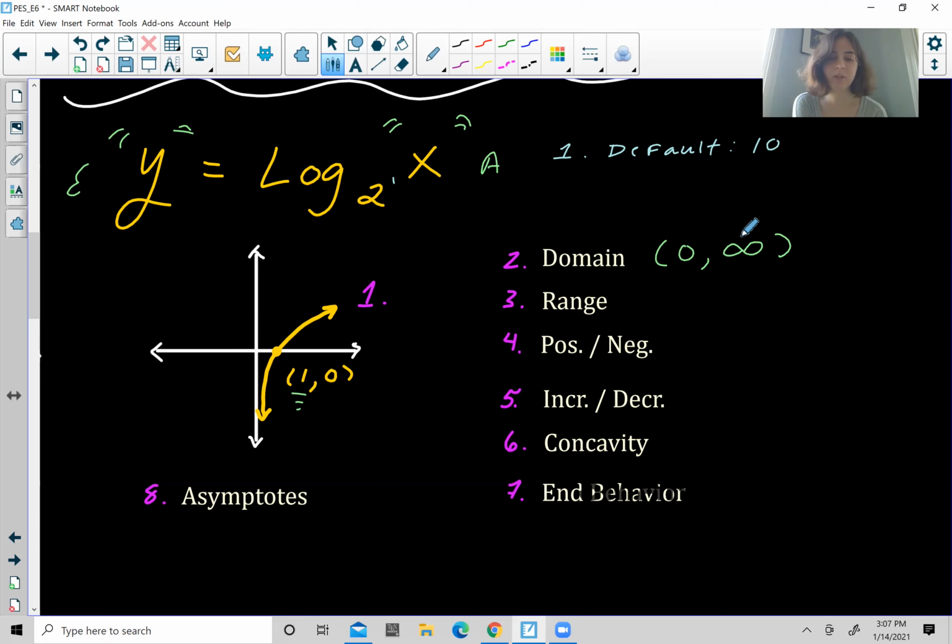And then for range, it's a little bit tricky, but if you look on the graph here, we have this vertical asymptote on the y-axis. And so you're kind of tempted to think that there are restrictions there, but you see that the curve just follows that asymptote all the way down.